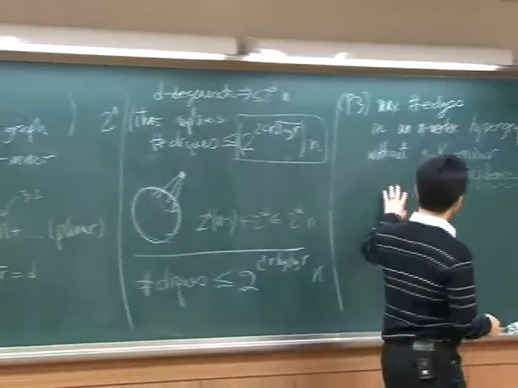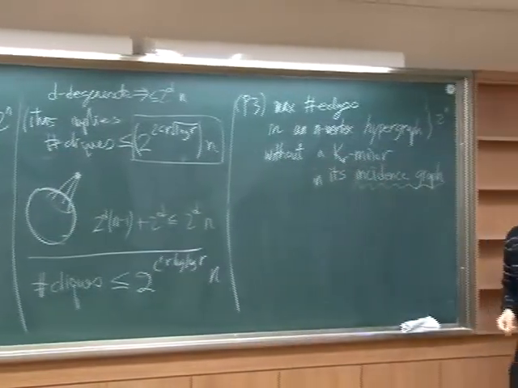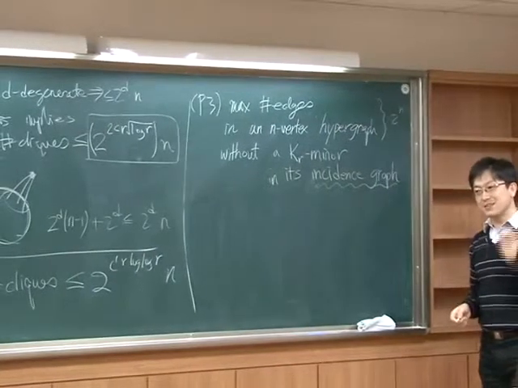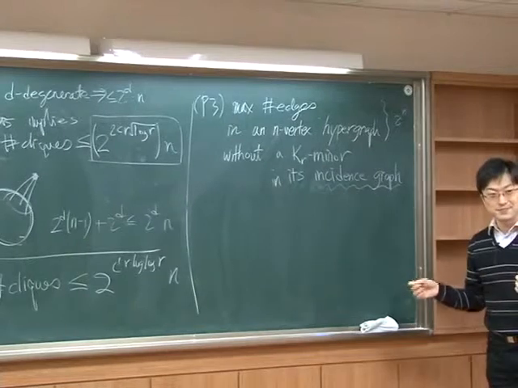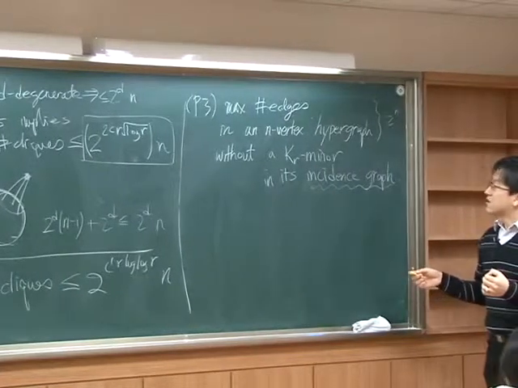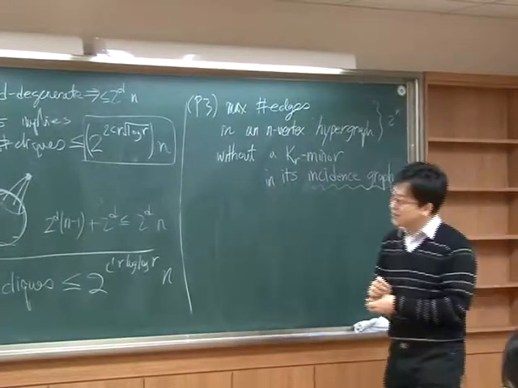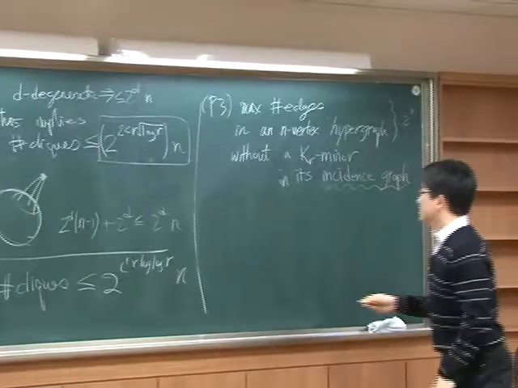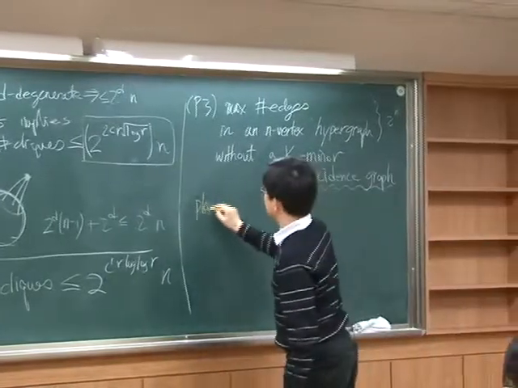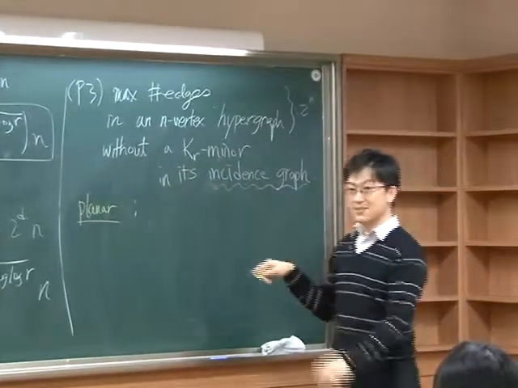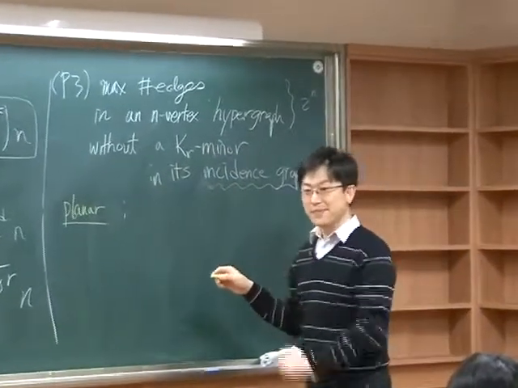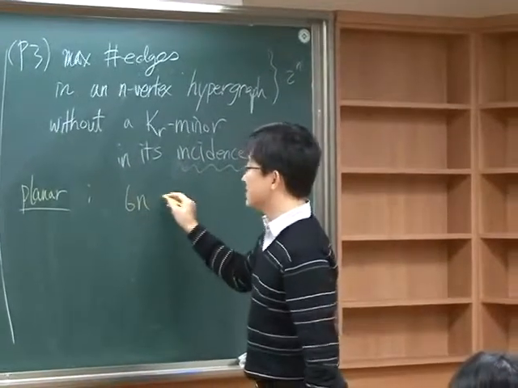So at least we know that the maximum number of edges in a planar hypergraph is at most 8 times n plus something. If it's planar, then David Wood's bound would give us 8 times n. But in fact, we can prove that it's 6 times n plus something.